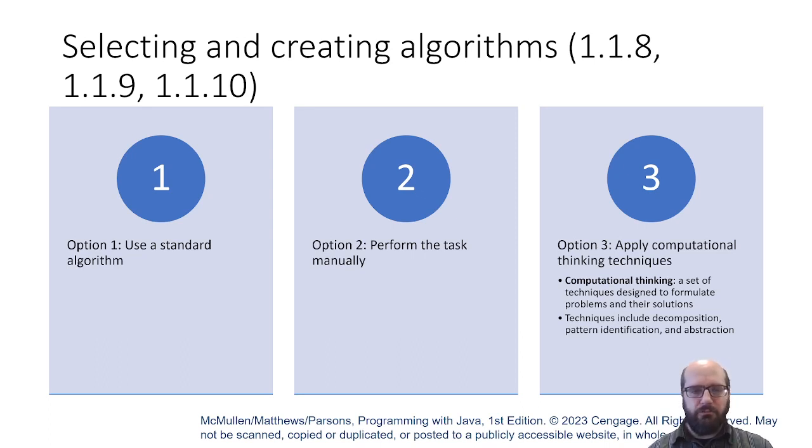And what I found out is it's much simpler to just have the user type it in. Making the task manual worked better than having the computer try to figure it out for me. And the third way is to apply computational techniques, which is using computational thinking to find the problem, working through pattern identification and abstraction to figure it out, which we'll talk about in this module.